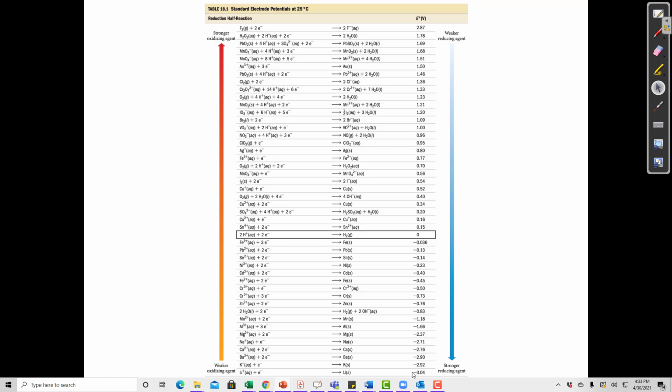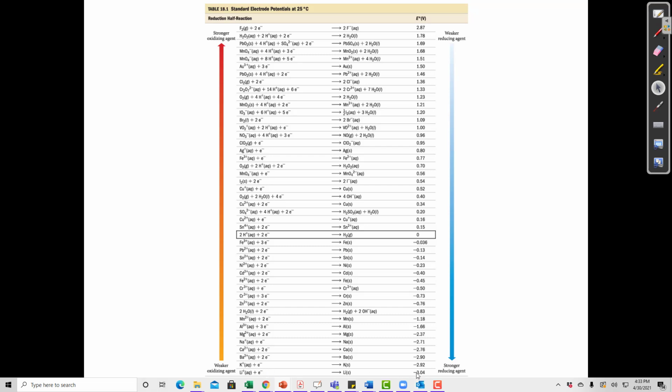So the language is kind of tricky here, but a reducing agent is the thing that will cause something else to be reduced. So lithium is a very strong reducing agent because it will not be reduced itself. This number is way too small, but it will help something else to be reduced. Because if it won't be reduced itself, that means it will be oxidized.